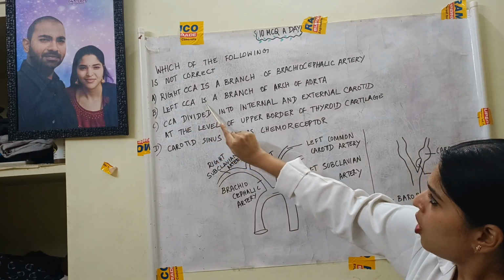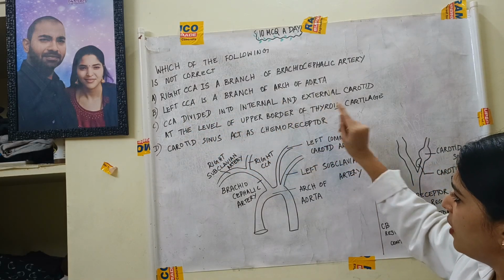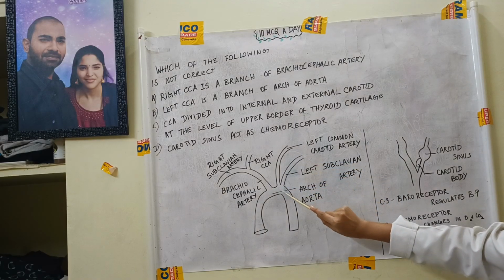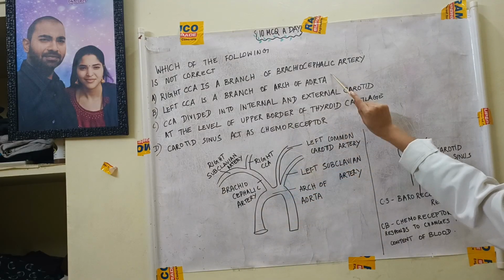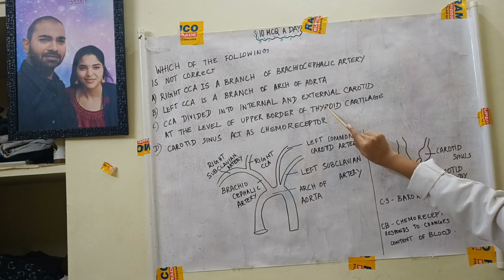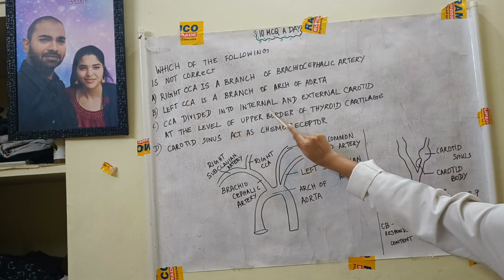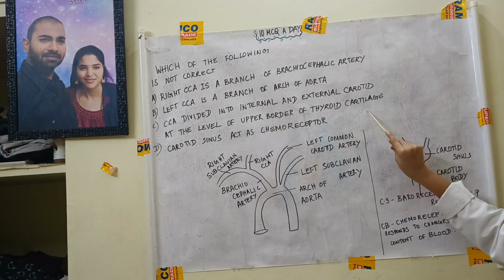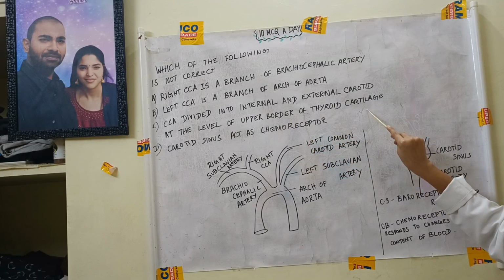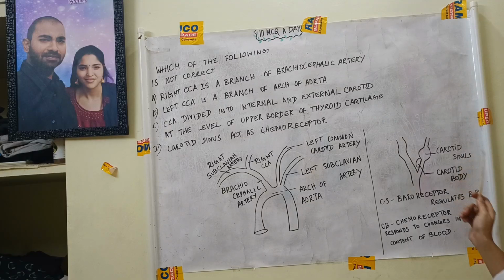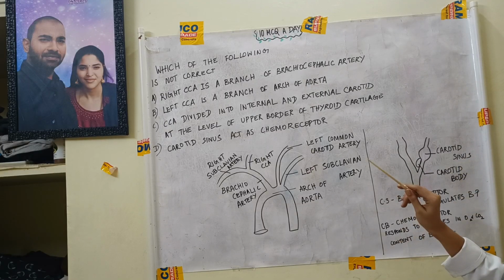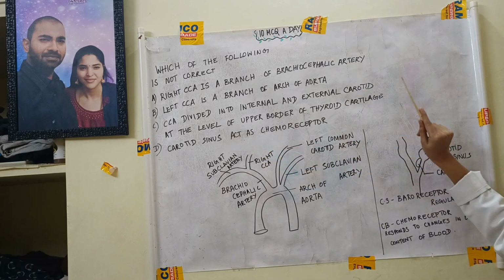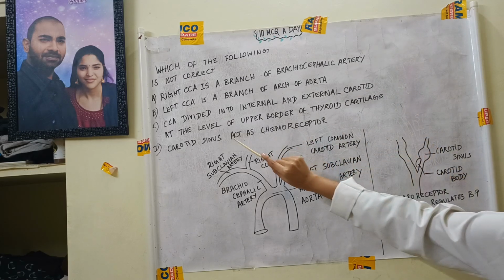Option B, left common carotid artery is a branch of arch of aorta. Here, this is the left common carotid artery, a branch of arch of aorta. So option B is also correct. Option C, common carotid artery divides into internal and external carotid at the level of upper border of thyroid cartilage. So common carotid artery divides, right and left, as we all know, into internal and external carotid. Option C is also correct. Option D, carotid sinus.